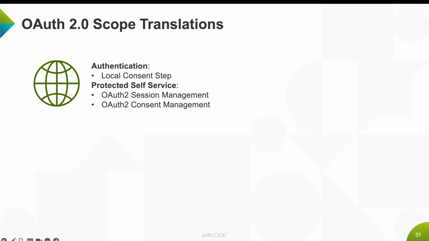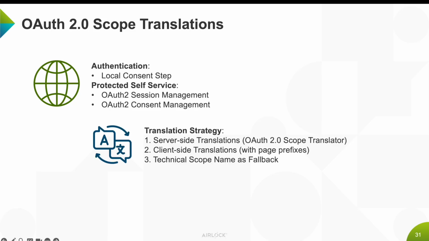So what's new and different? Well, we've just cleaned up the way we've implemented it, and now there's a very clear translation strategy on how translations are applied. If you have a server-side configuration for translations, then the server-side translations will always win. If there is no server-side translation, then we'll check for client-side translations, those that you generate with the SDK.